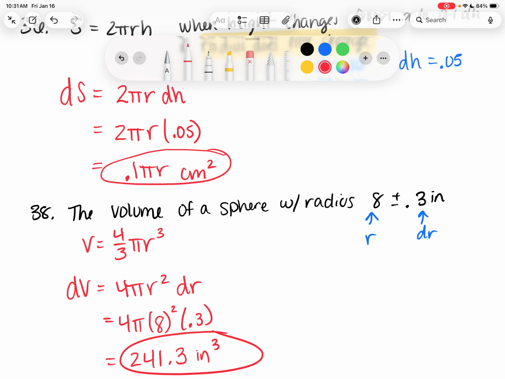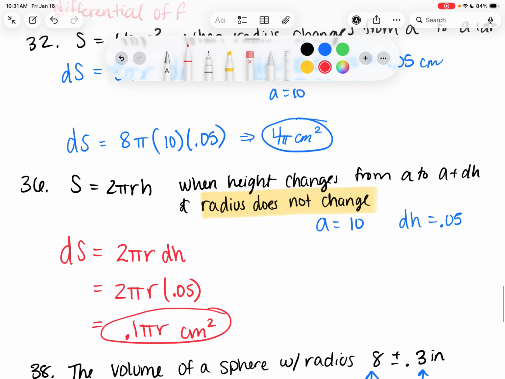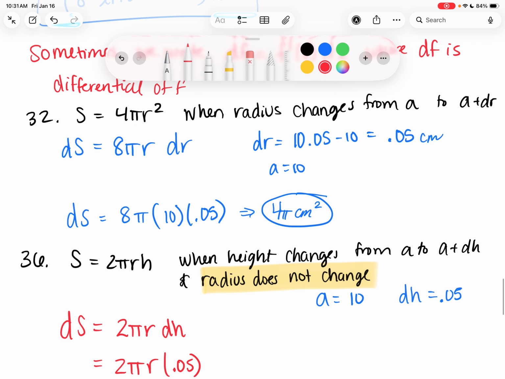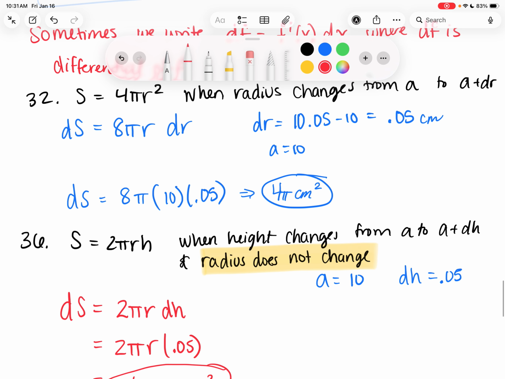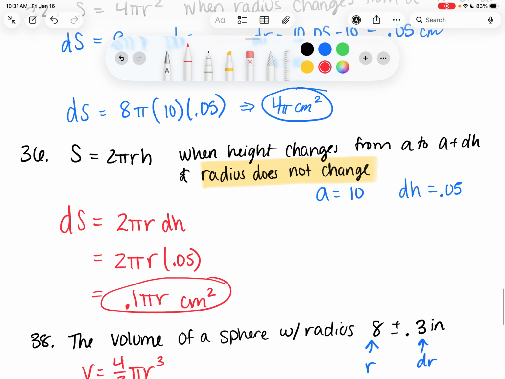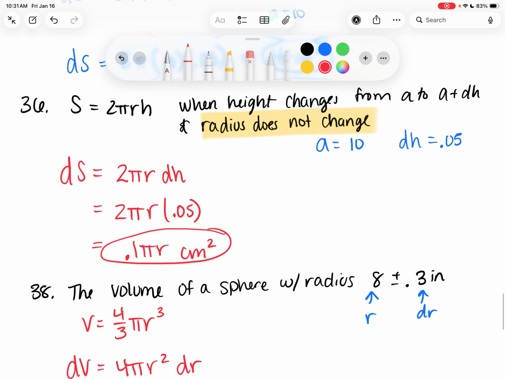For the ones like 36 and 32, we were solving for area, right? Yeah, that was surface area. If there's a capital S, it's surface area. The problem said that, I just didn't write all of that down. I just wanted to make sure, because I was like, wait, where's the square? It's kind of funny because in that section, the odd ones are volume and the even ones were area in 31 through 36.